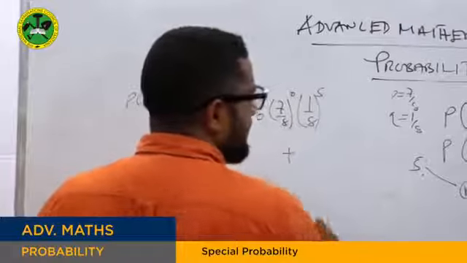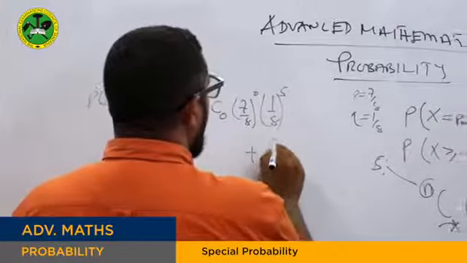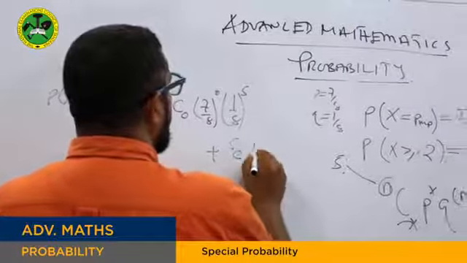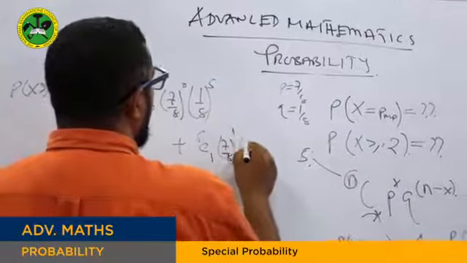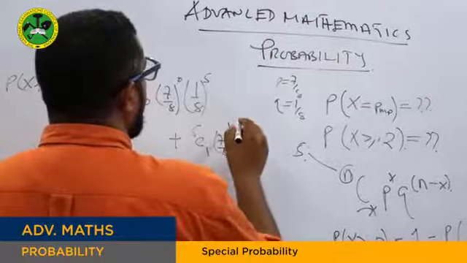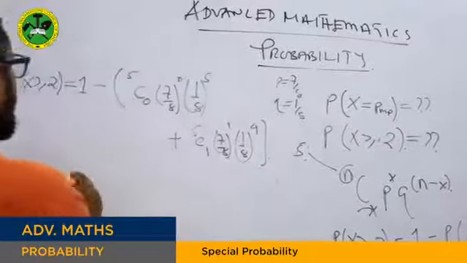We plus, when x equals 1, 5 combination 1, 7 over 8 to the power of 1, 1 over 8 to the power of 4. Then use your calculator and simplify.